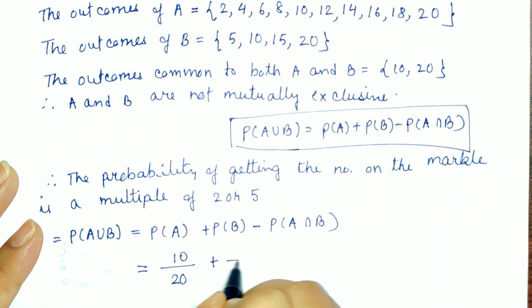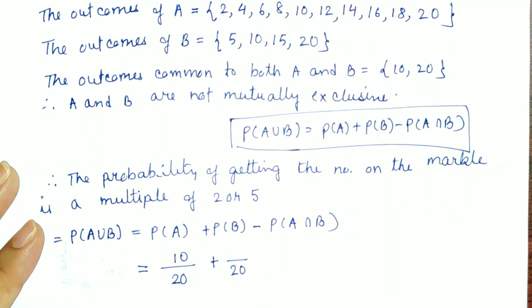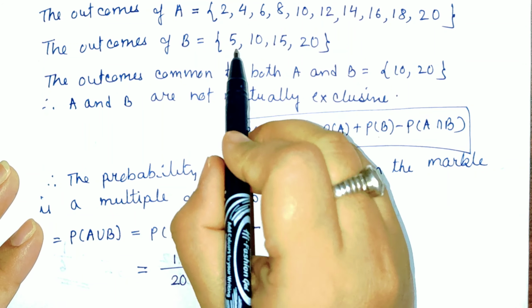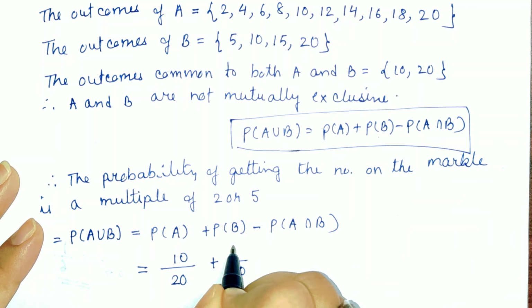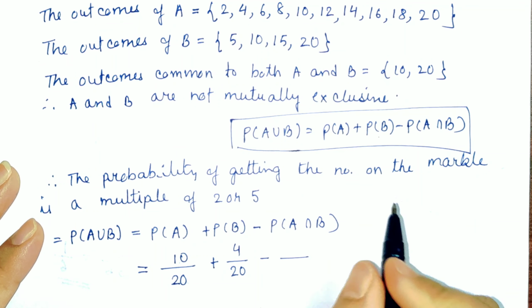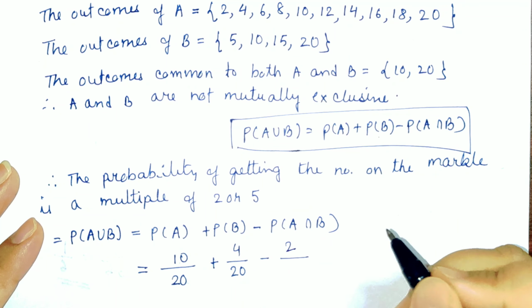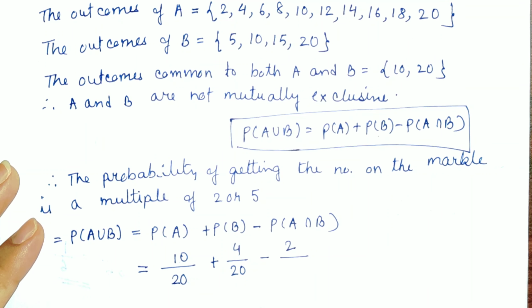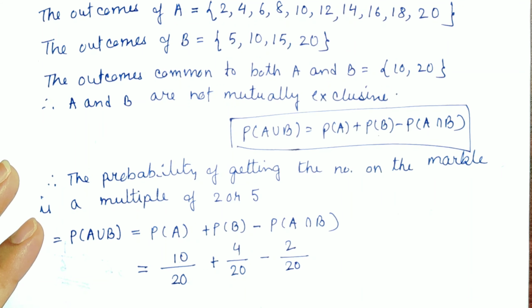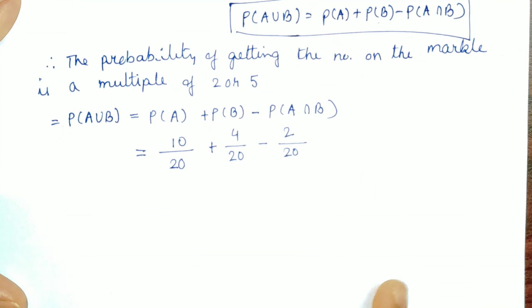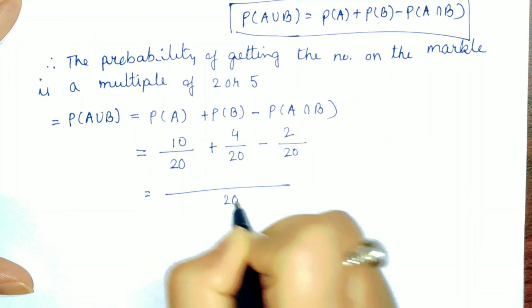For the event B, total number of possible outcomes equal to 20 and there are 4 favorable outcomes. For A intersection B, 2 outcomes are there. Therefore, number of cases favorable to the event A and B is equal to 2. Total number of cases equal to 20. Take the LCM 20.